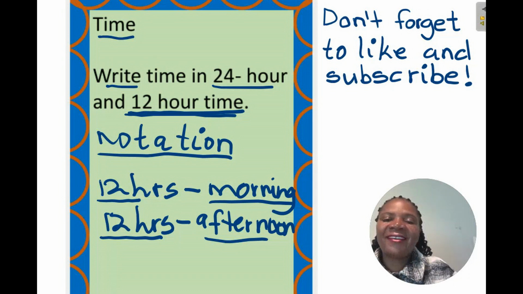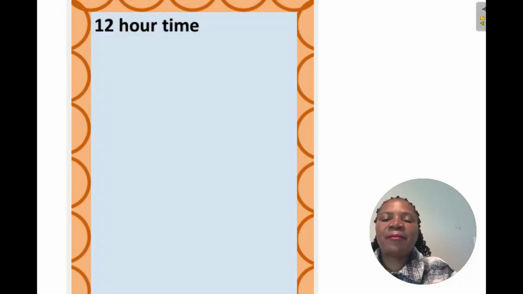Okay, right? So that should be very clear with our time. So let's look at 12-hour time. So our 12-hour time, it will be telling time up to 12 hours in the morning, and also recording the hours up to 12 midnight.